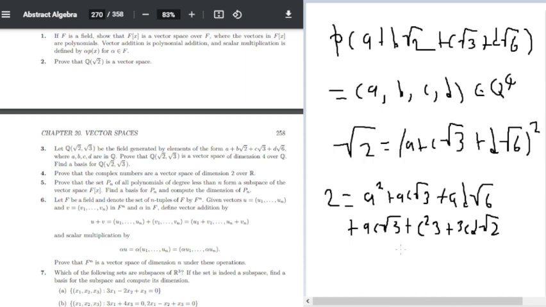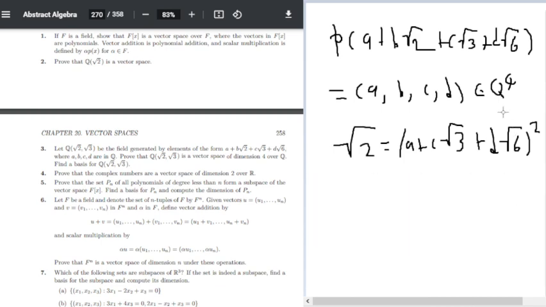And what this implies is that basically we need a lemma that if... I'm trying to think of how to write this. So first of all, is square root of 2 equal to c square root of 3 plus d square root of 6? Because if this is true, then our map is not injective. Or actually, I don't even know if it would be well defined in that case.